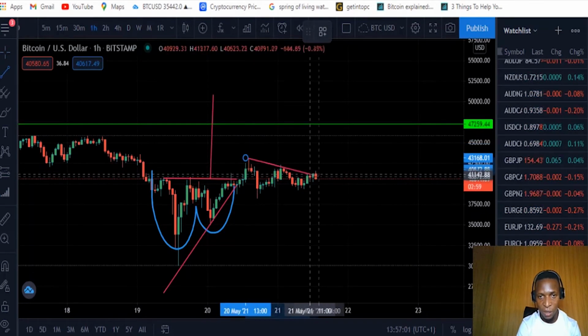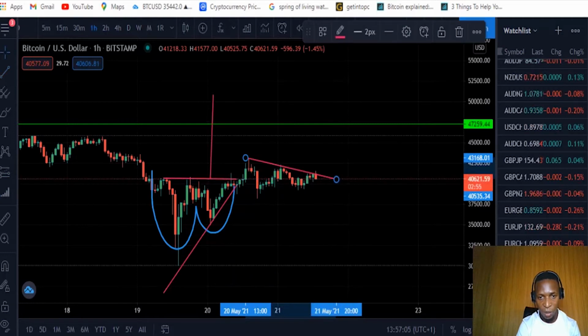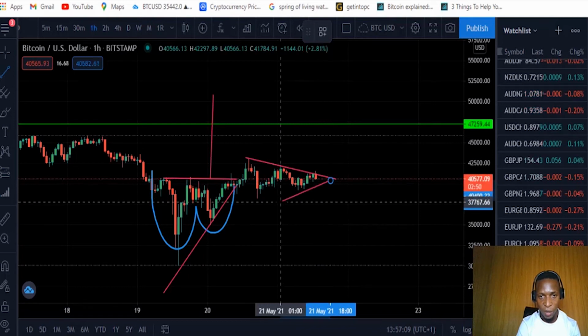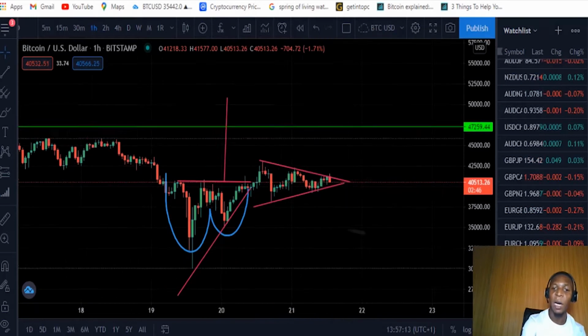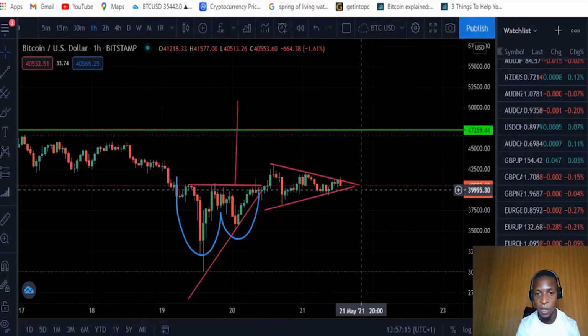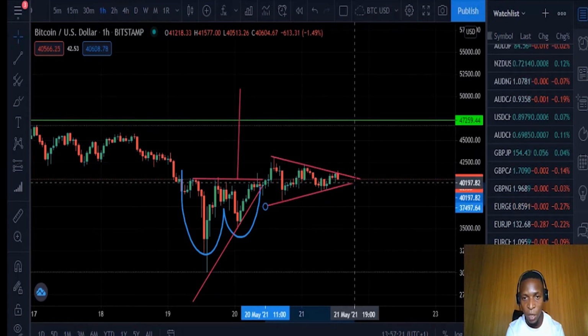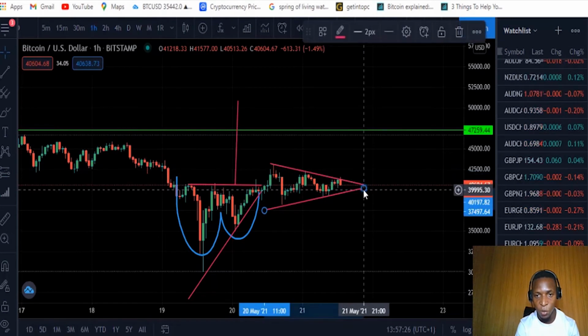I think we are seeing a pattern right here. The market has been consolidating. So presently we are awaiting a breakout from this pattern that is emerging and forming here, and the breakout will happen any moment soon.